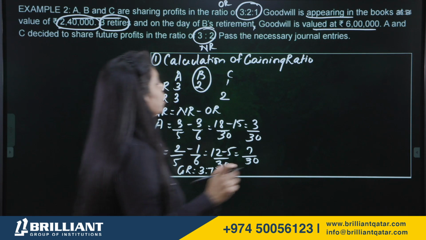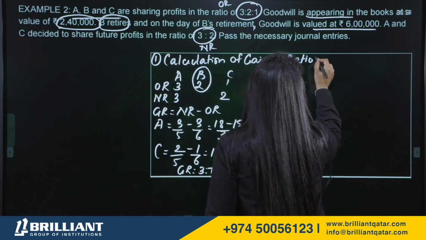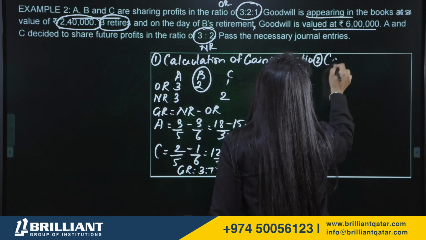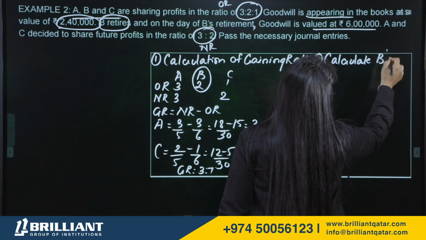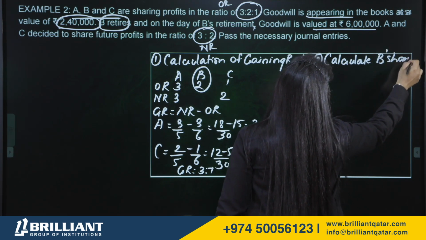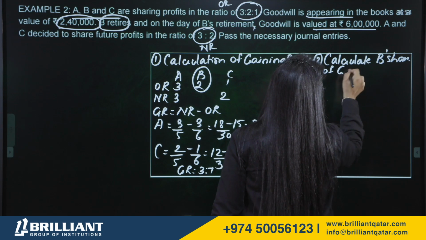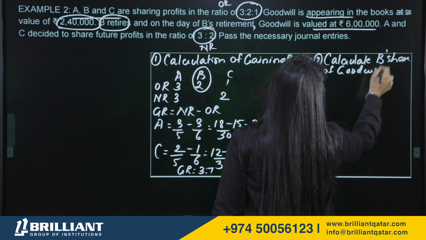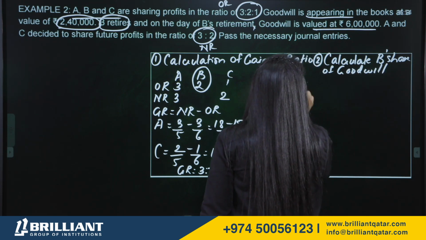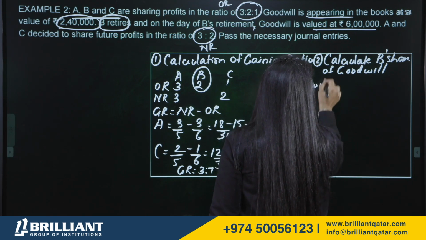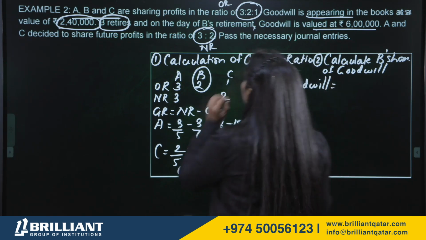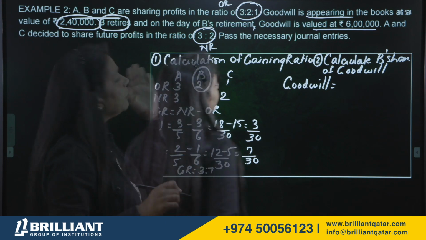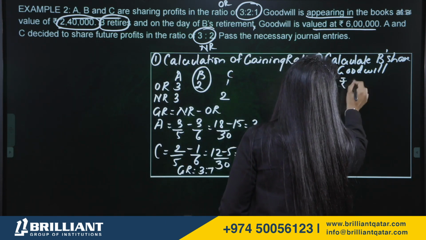The second step that you need to do is calculate B's share of goodwill. Goodwill of the firm is how much? Goodwill is valued at rupees 6 lakhs.